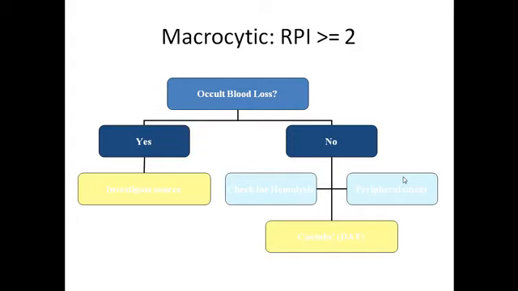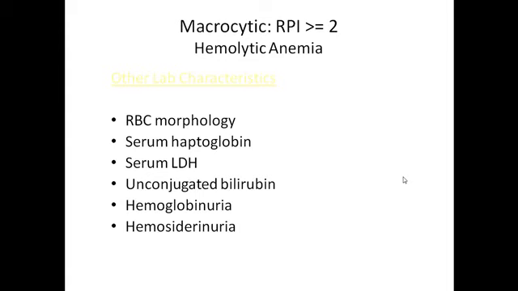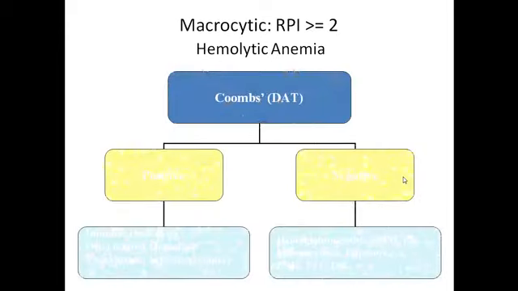Macrocytic. Occult blood loss, yes, we have to think on one side, and on the other side we have to think of hemolysis. Coombs test, no need to know this.